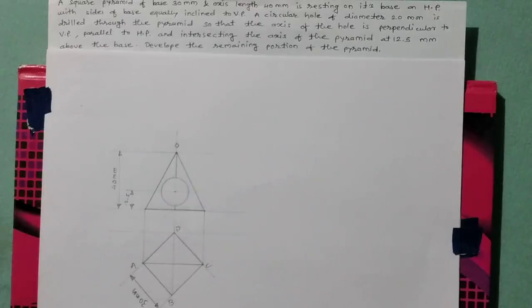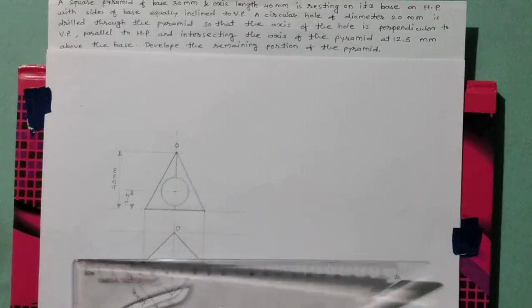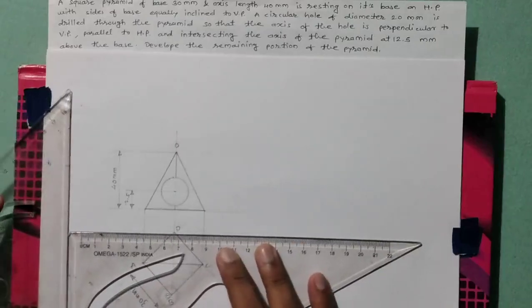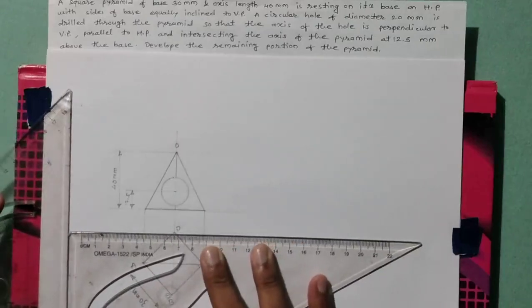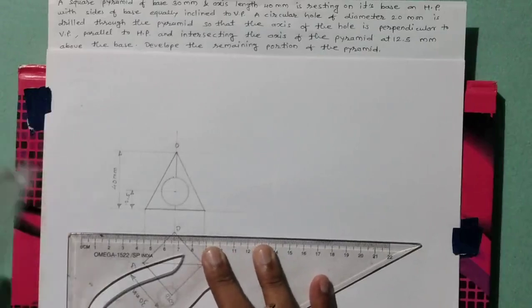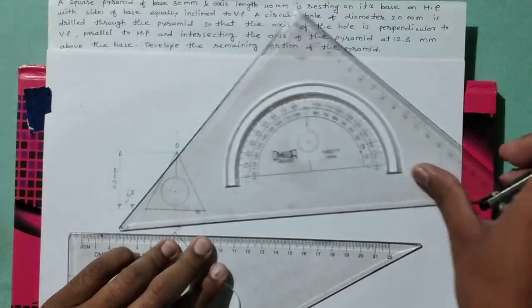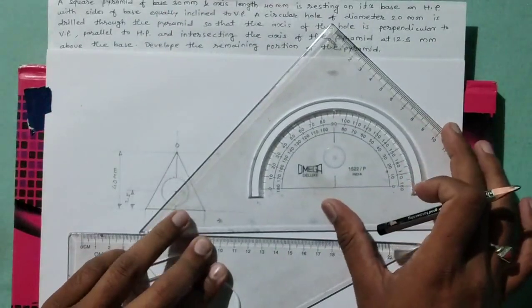After drawing the front view and top view of the pyramid, we have to divide this circle into 8 equal parts. We can also divide this circle into 12 equal parts, but for simplification we are dividing into 8 parts.